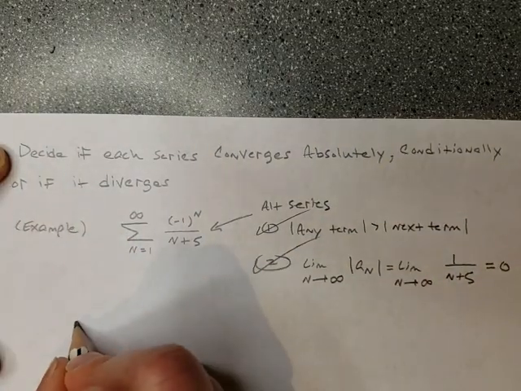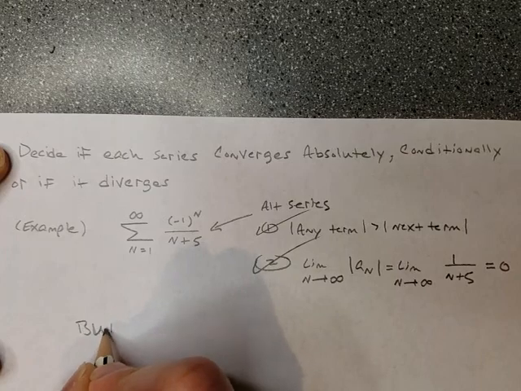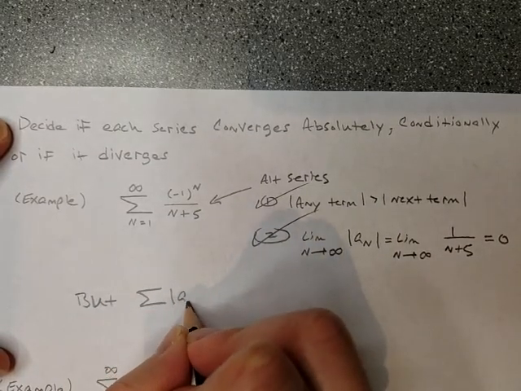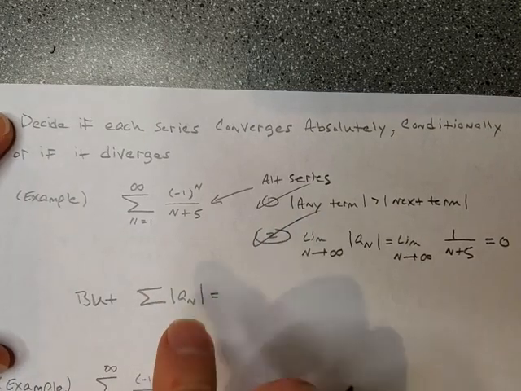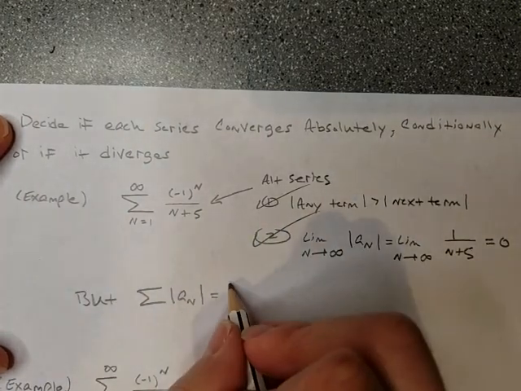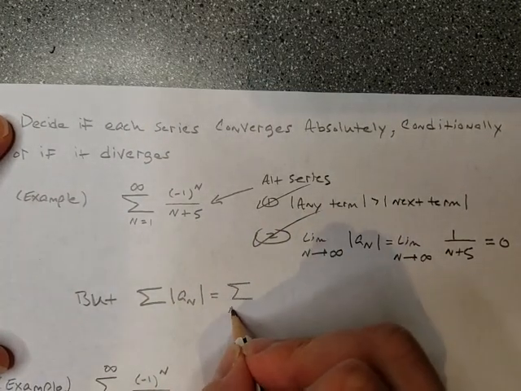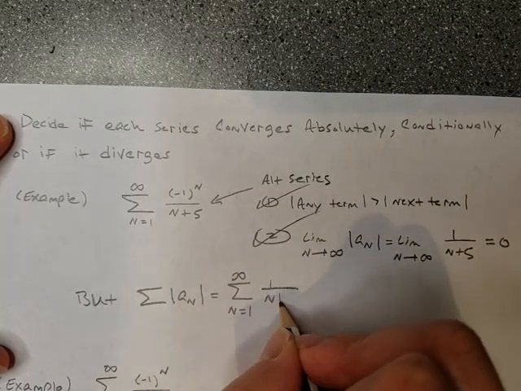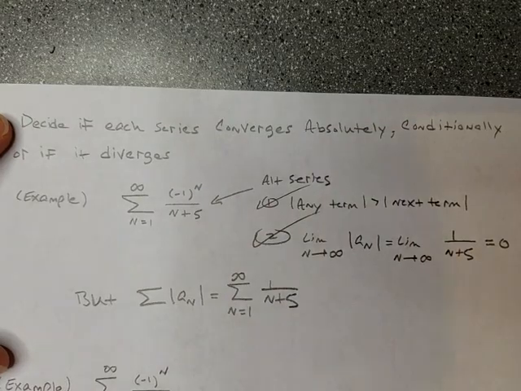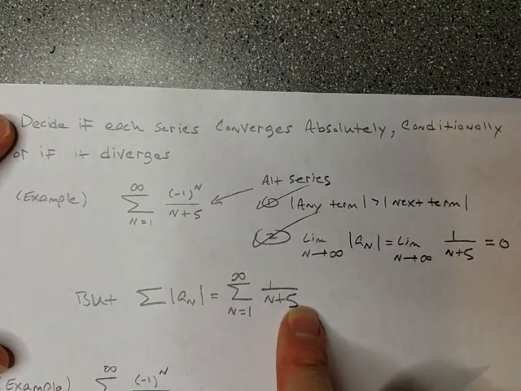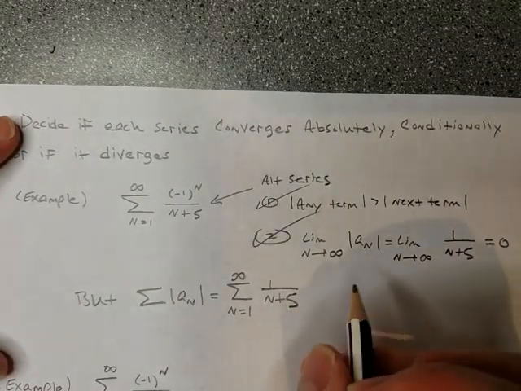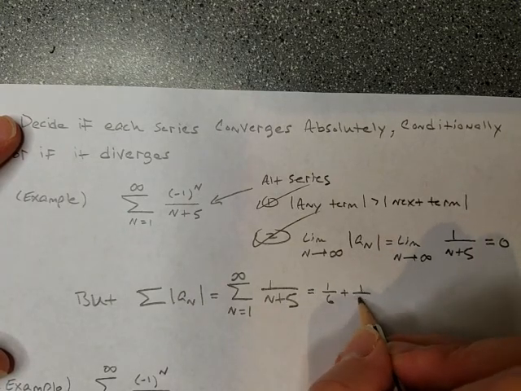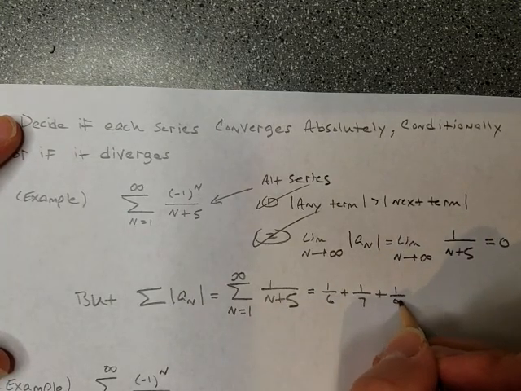But what about this one? What's that series? That series is this. Does that series converge? Well, what's the first term? 1 over 6 plus 1 over 7 plus 1 over 8, right?